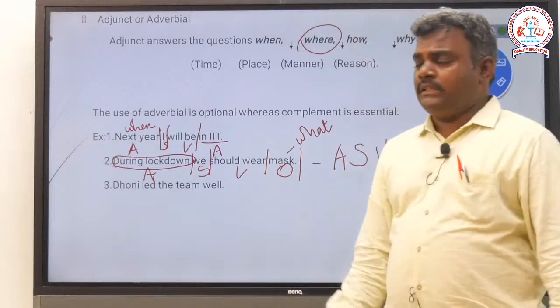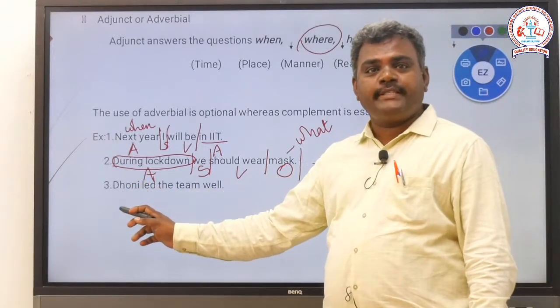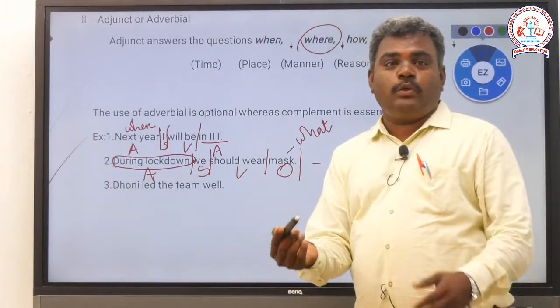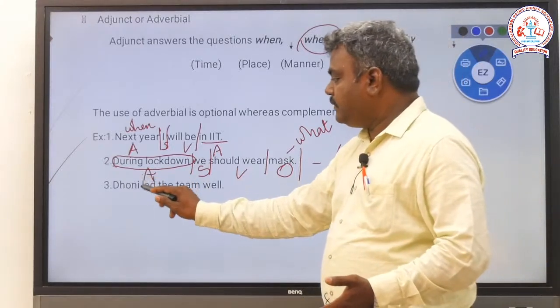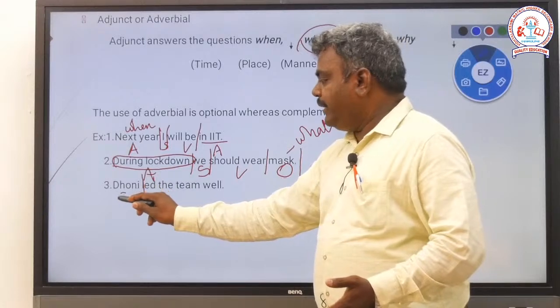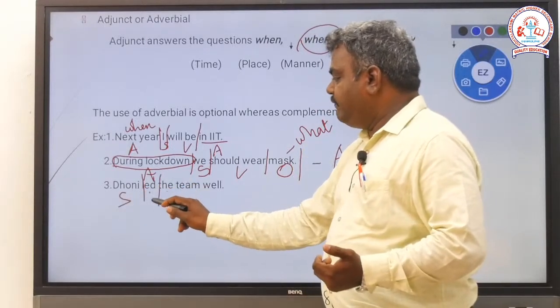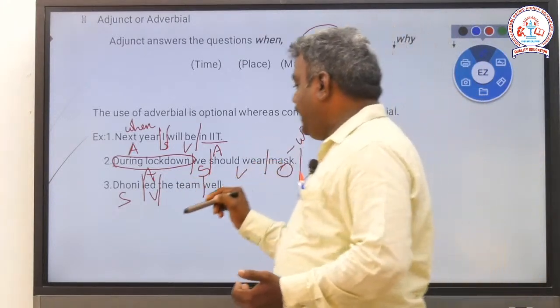Next thing is, the world knows the famous personality. Who is that? Dhoni. Everyone likes him. The person who doesn't like him, I think he's the only one person in this world. Dhoni, subject. Everyone knows it. And next thing is led, verb. This is an action. The team. What did he lead?